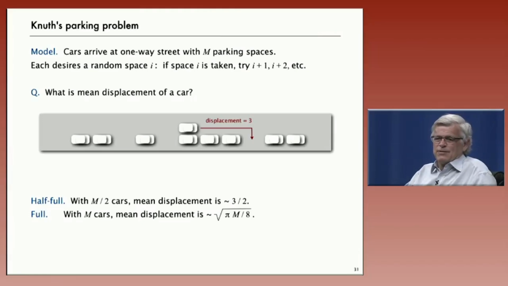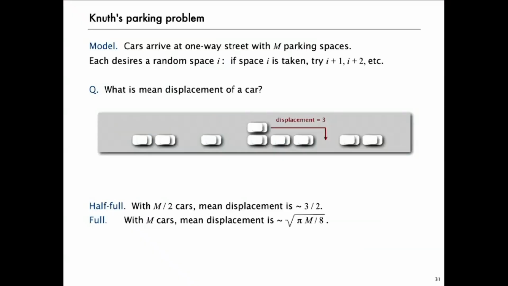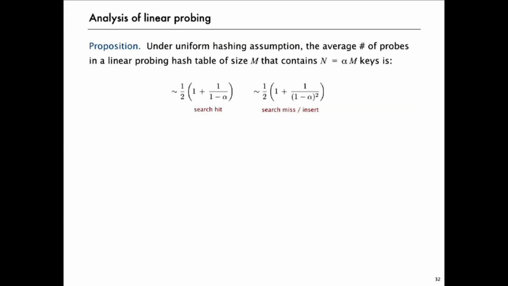But as it gets full, the displacement gets up to square root of pi m over 8, which is obviously much higher than we want. We don't want our searches to take that long. The analysis is an amazing function that goes back to the famous Ramanujan and other classical results from combinatorial analysis.